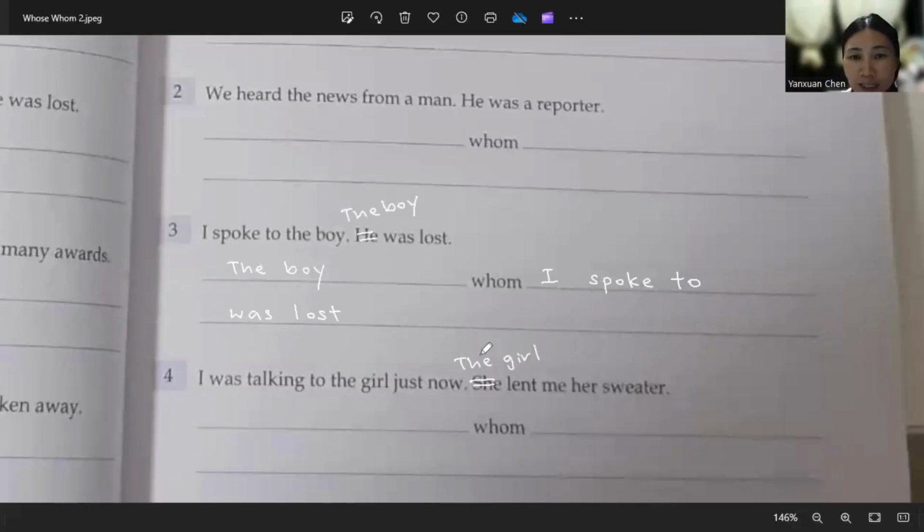Okay, so the main sentence will be the girl lent me her sweater. So the girl we will put here before whom. And lent me her sweater would be here.